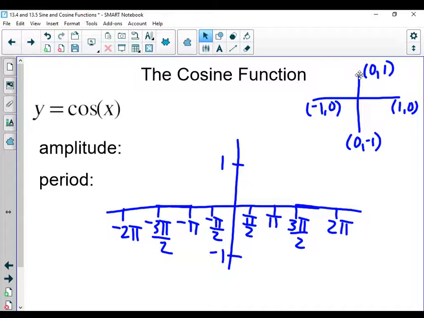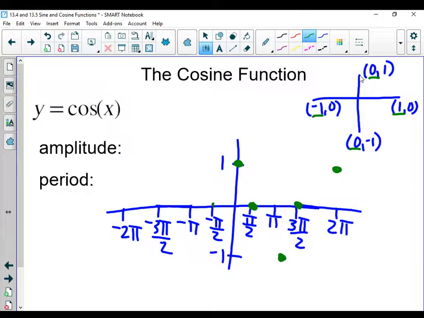So if we are looking at cosine as our x values, okay, we start at 0. What is cosine at 0? 1. Cosine at pi over 2? 0. And then I keep going. -1, 0, 1. I can go backwards.